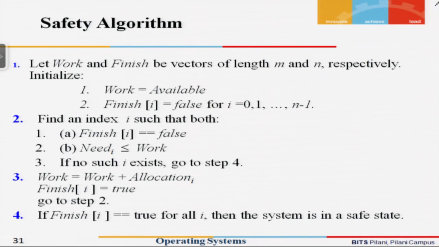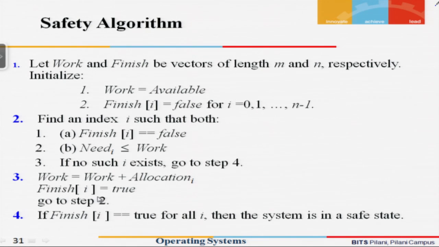So whatever allocation was there is going to be released by the ith process. After getting the resources, the work is changed. Work is written as work equals work plus allocation i, meaning all the resources which were allocated to the ith process are added to the availability vector.